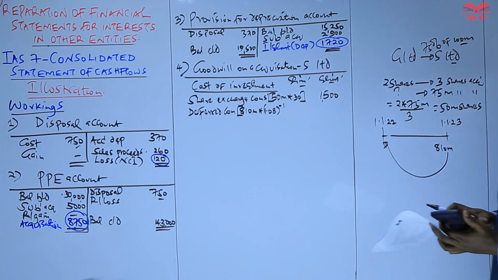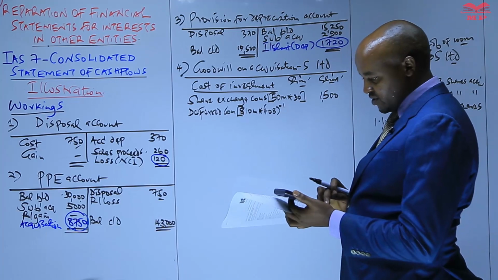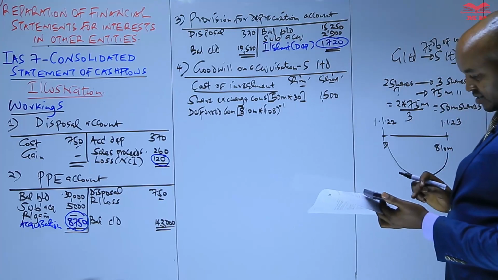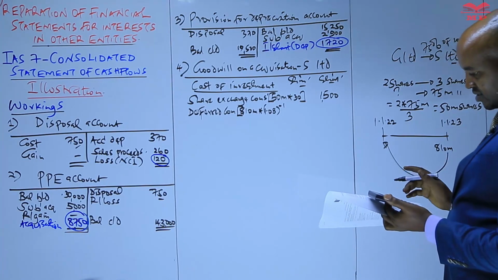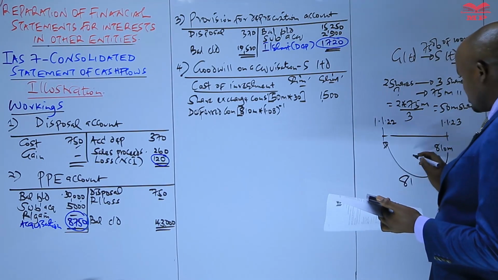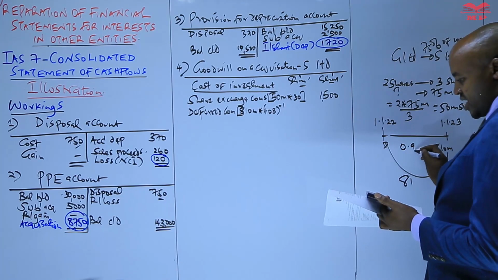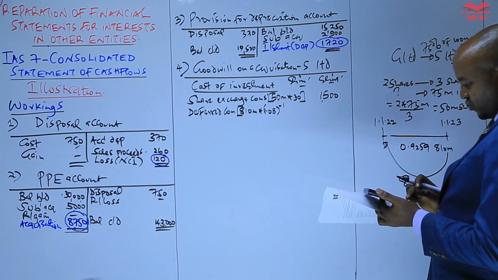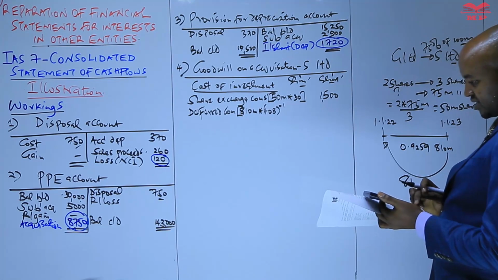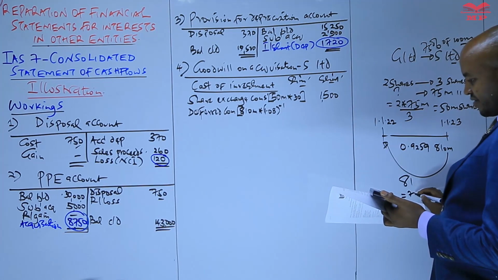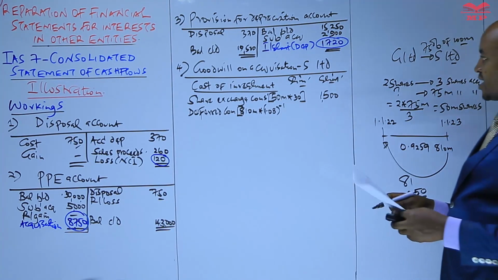So we have 1.08 raised to power negative 1, which is 0.9259, times 810, which will give us 750.